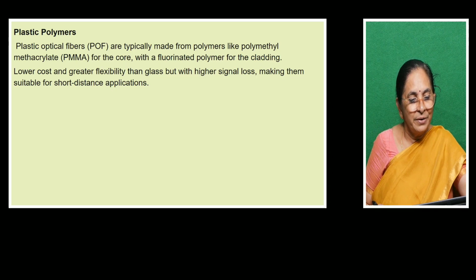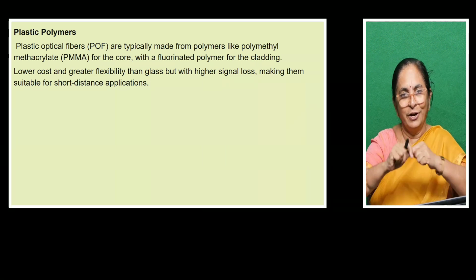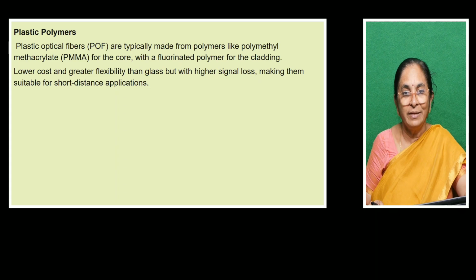So the manufacturing cost is lower and there is greater flexibility. The fibers can be bent or turned around, greater flexibility than the glass, but the drawback is that they have higher signal loss. So we can use plastic optical fibers only for short distance communications or applications, whereas glass optical fibers are used for long distance communications.